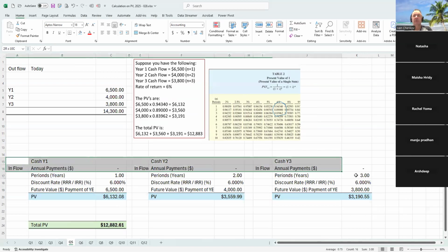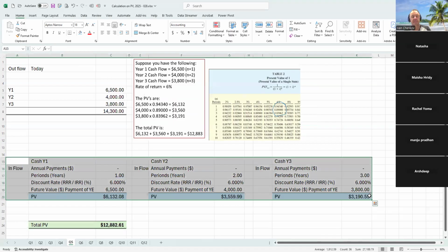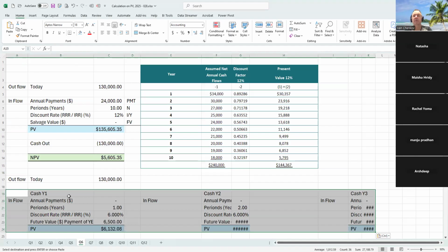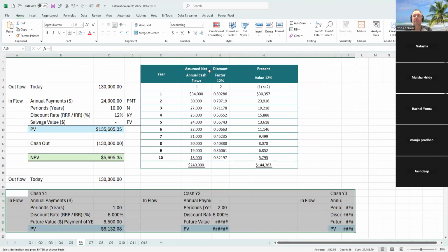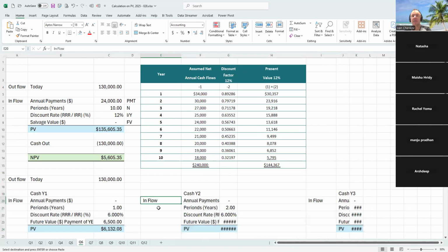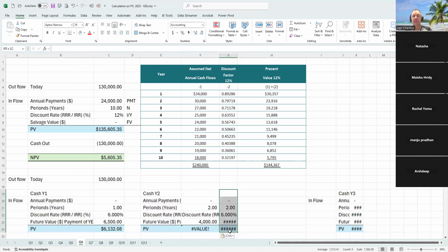So what I'm going to do is copy this and move it here and start plugging in the numbers. I can get rid of this, and make it closer to you so you can see it.